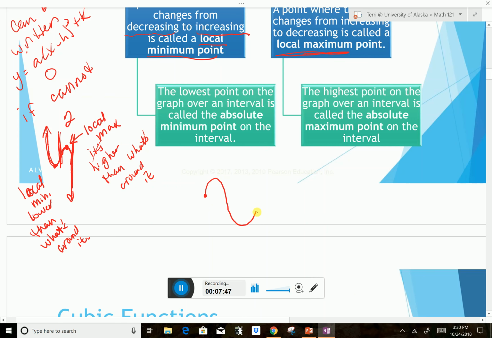Let's say this stops right here, so we have a certain interval, maybe x equals 0 to x equals 10. In this case, my locals are my absolutes. However, let's say for the sake of argument that I wanted to cut it off here. Then the maximum would actually be this point instead of this point, because it depends on where I'm going to cut off the graph of this function.